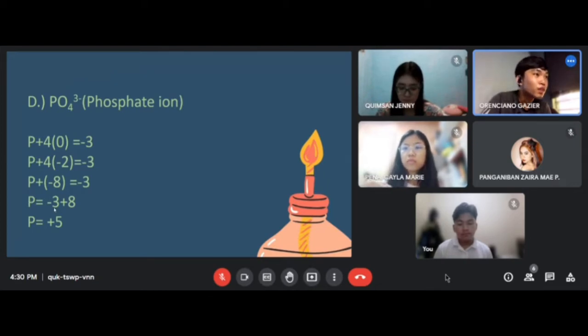Transpose, then negative 3 plus 8 is equal to 5, then we check, and our polyatomic ion becomes neutral.